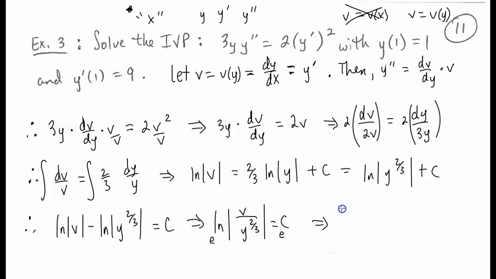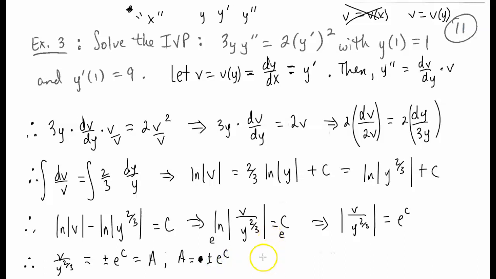And this would just leave me with the absolute value of v over y raised to the 2/3 equals e raised to the c. And from here, life is easy now because I can just use my absolute value properties to say that v divided by y raised to the 2/3 is just going to be plus or minus e raised to the c, where I can just say all that is a, where a is equal to plus or minus e raised to the c, okay?